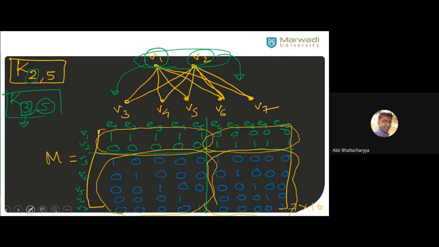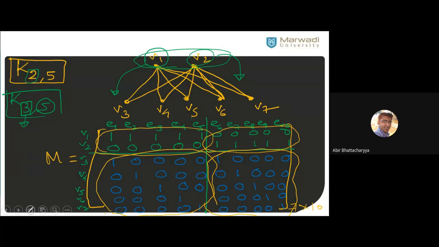Now if I have K46, how many partitions? K46 means you have how many vertices?